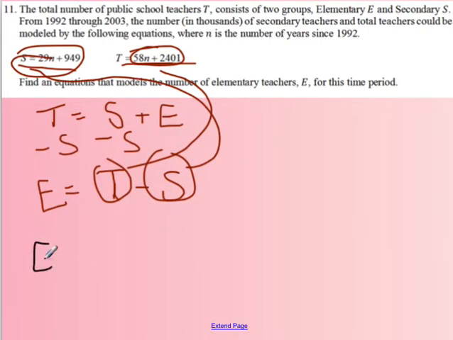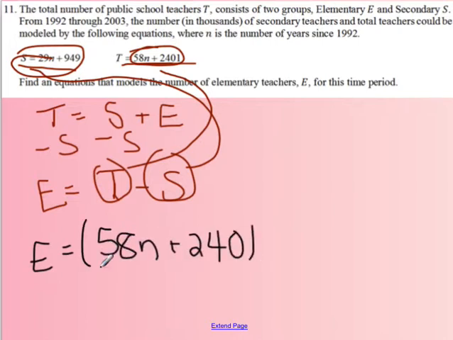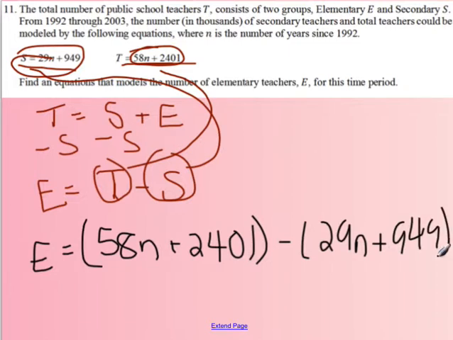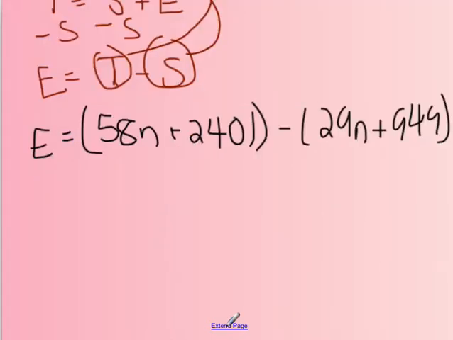So our elementary is going to be equal to 58n plus 2,401. That's for our total, minus our secondary, which is 29n plus 949. So now I want to change the signs of everything that follows the negative.